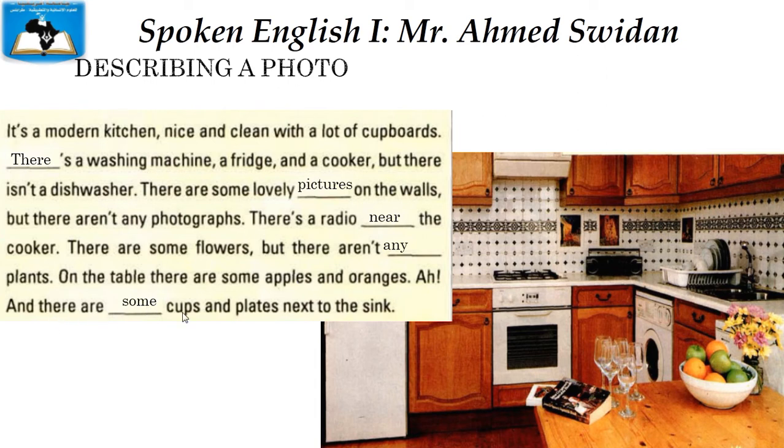And there are some cups and plates next to the sink. Of course, this is the sink, and these are the plates and the cups. So once again, it's a modern kitchen, nice and clean, with a lot of cupboards, these cupboards here.